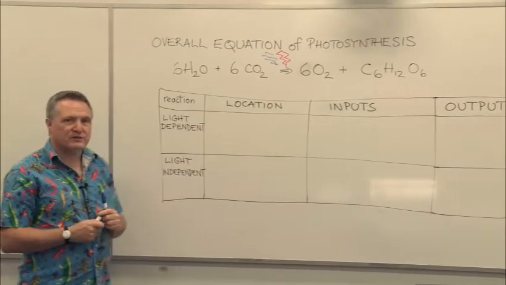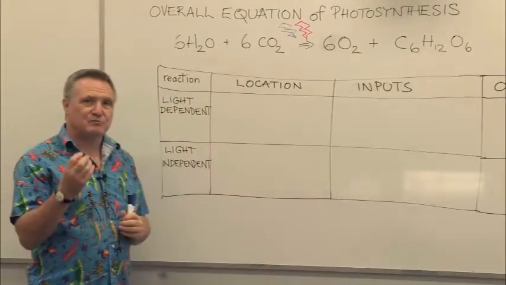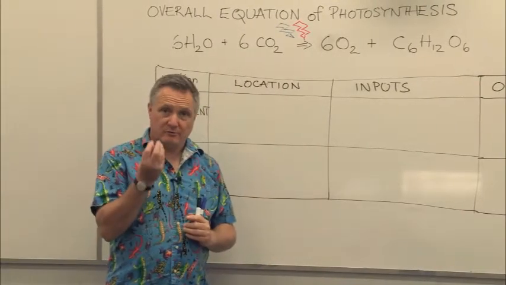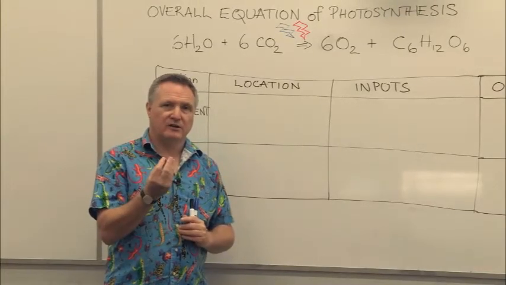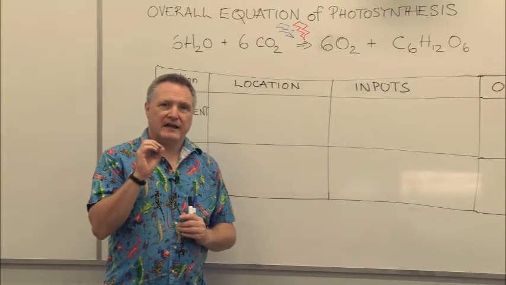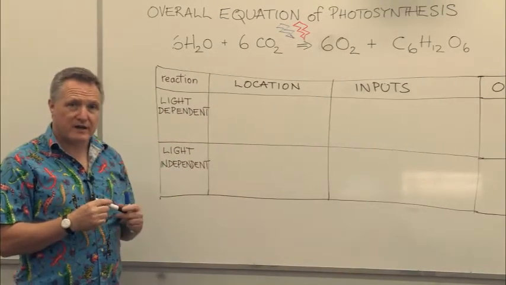The light-dependent reactions, what occurs there is that light, mainly in the red and blue, is captured within special chlorophyll molecules within the chloroplast. We'll see that in more detail when we go to the molecular model. And then that light energy is converted into temporary energy stores.